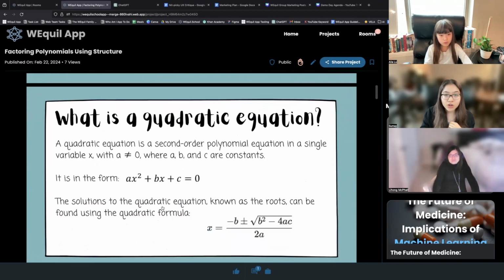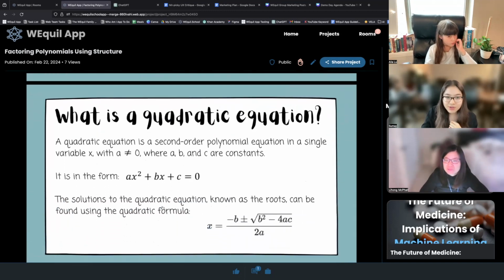So a quadratic equation is a specific kind of polynomial equation, a second order polynomial equation in a single variable x, where the first coefficient does not equal 0. And second order just means that the highest exponent is raised to the power of 2.